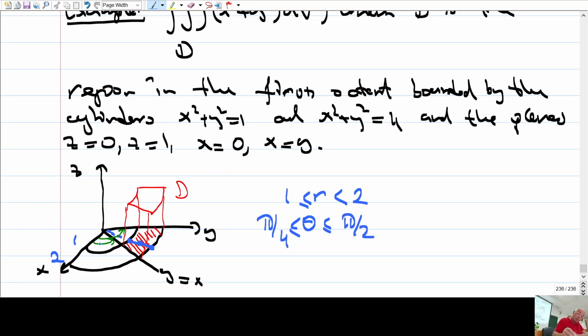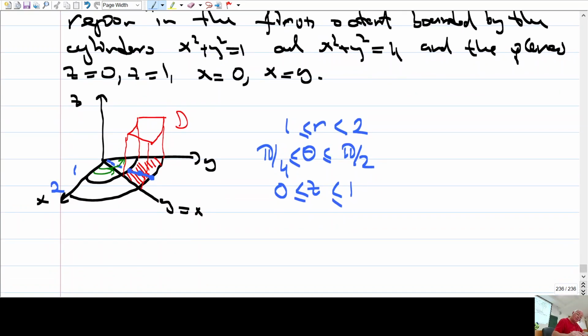And z is ranging from 0 up to 1, because at the top I have the plane z equals 1 and at the bottom I have z equals 0.